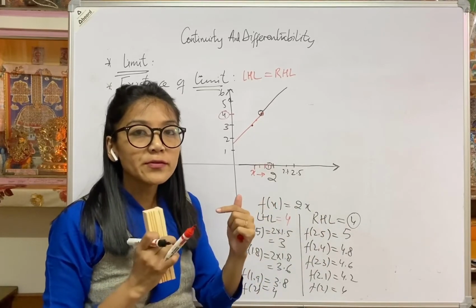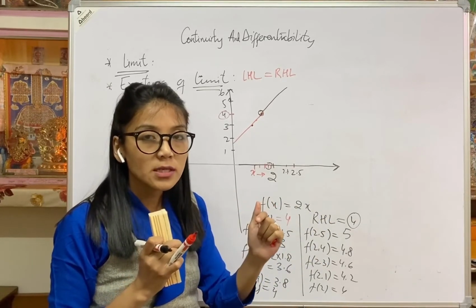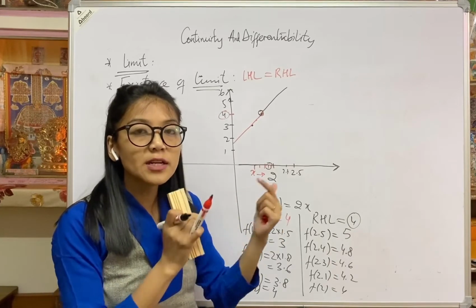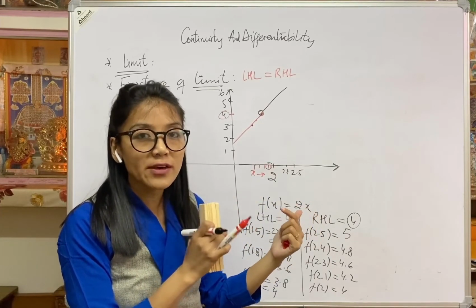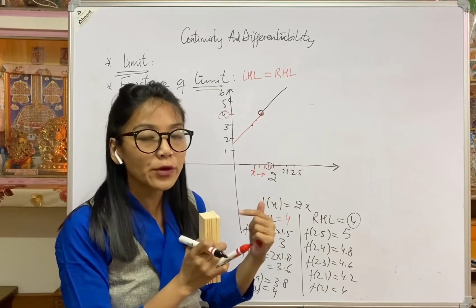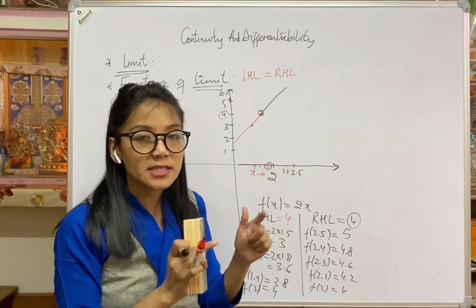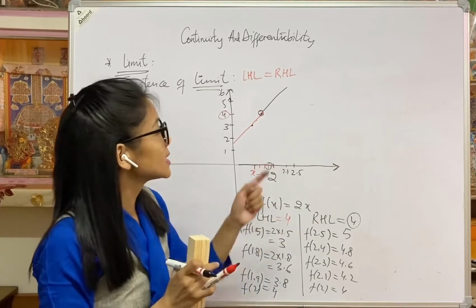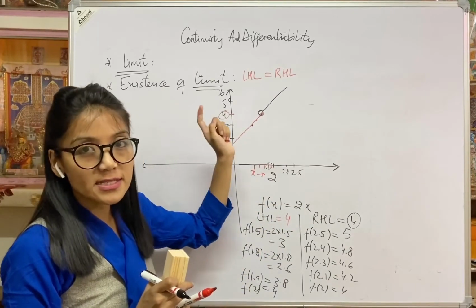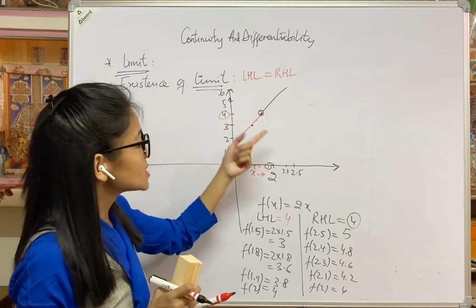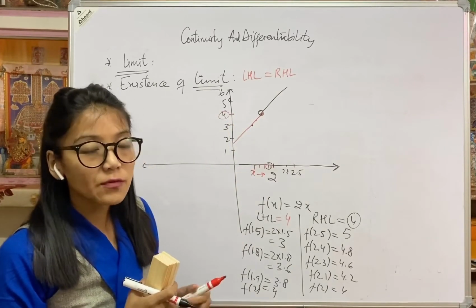First, you find the limit when x is tending towards that point from the left hand side, and then you find the limit for the function f of x when x is tending towards that point from the right hand side. If these two limits coincide, if they are the same, then we say that the limit of the function exists, otherwise it does not exist. So this is how we check the existence of the limit.